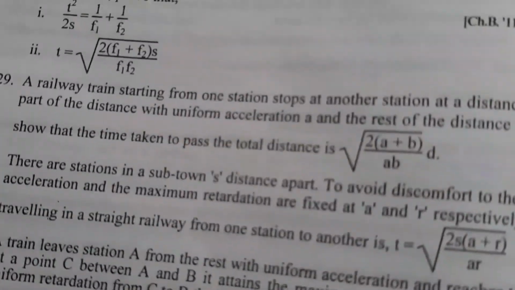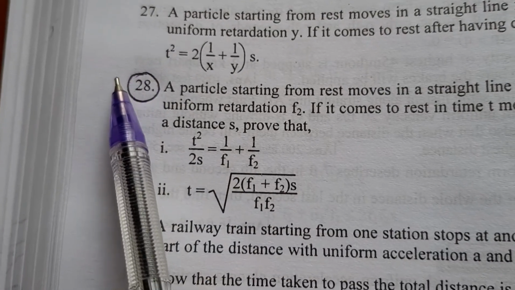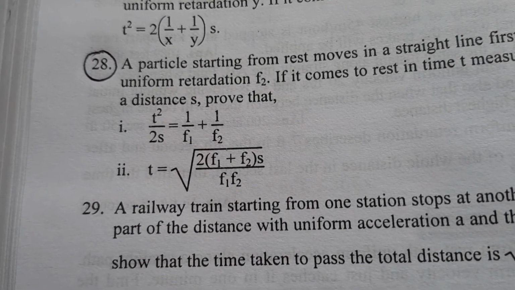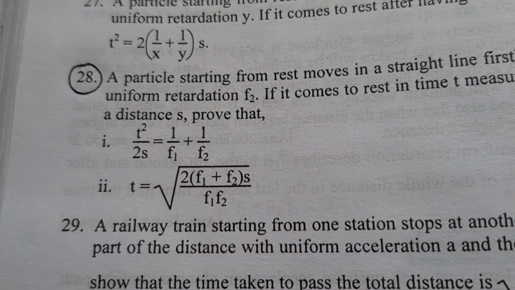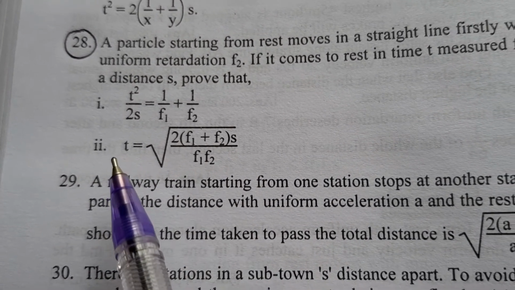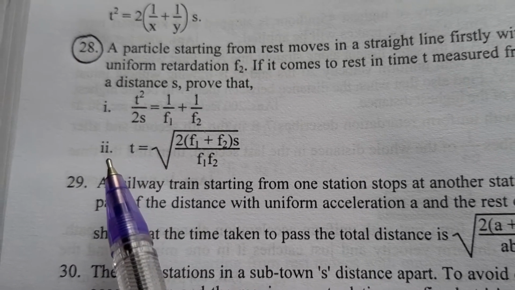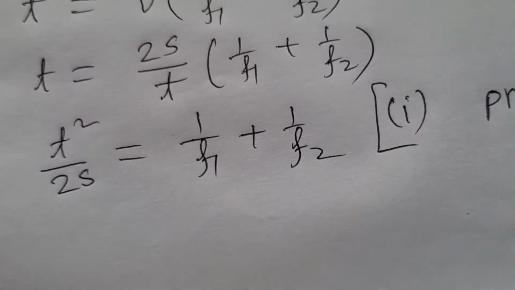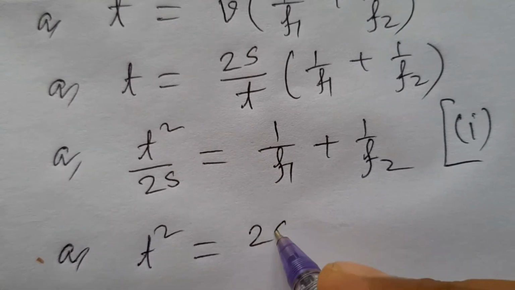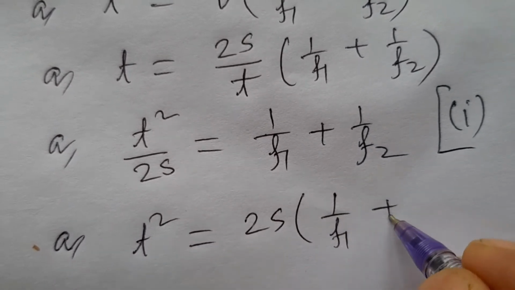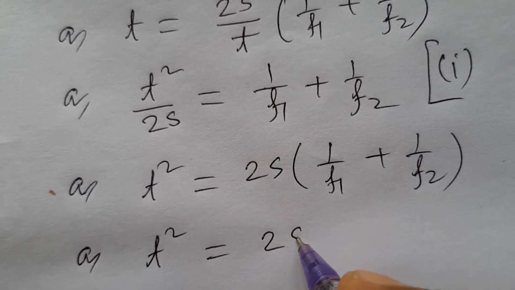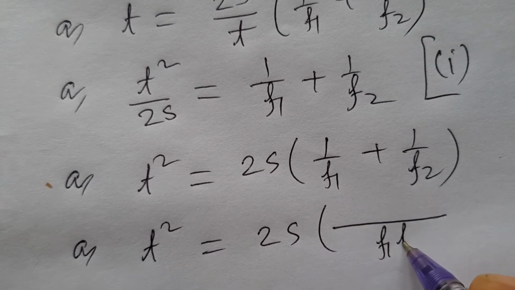In question number 28, you can see in the book, there are two questions. Number 1 is t squared by 2s is equal to 1 by f1 plus 1 by f2. This is required to prove, and already we have proved this. And in 2, now we will find the value of t, then number 2 will be proved. So t squared is equal to 2s into 1 by f1 plus 1 by f2, or by LCM we can write t squared is equal to 2s into (f1 plus f2) divided by f1 into f2.